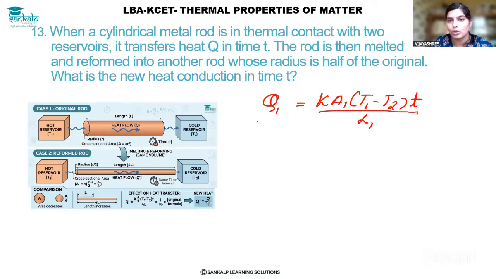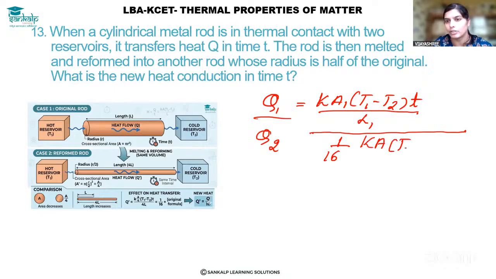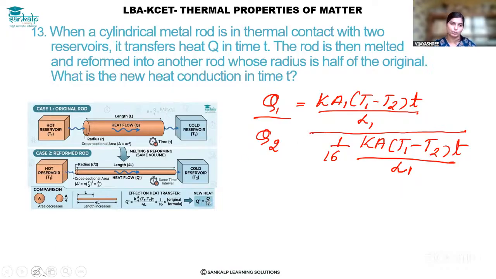Let us take Q1 divided by Q2, right? Q2 is 1 divided by 16 into K into A into (T1 minus T2) into t, whole divided by L. Right. Now, as we have taken the ratio Q1 divided by Q2, the common terms we can cancel out. K, A1, (T1 minus T2), t and L1 get cancelled. Right?